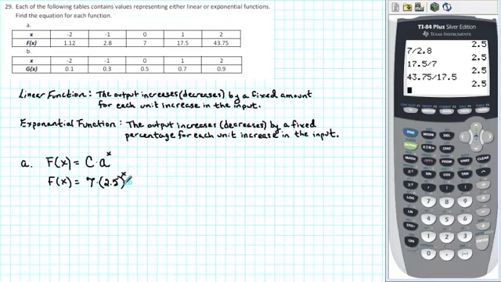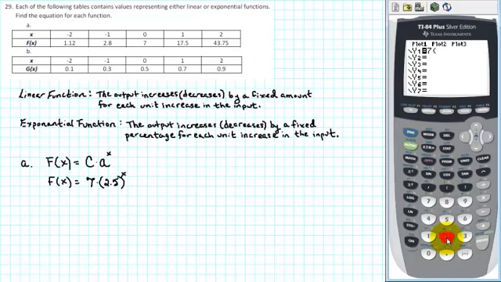raised to the x. Well, let's double check and make sure that it works. Let's go to y equals and enter 7 times 2.5 raised to the x. And then we'll create a table and make sure that the table matches the given one. So go to table set, which is second window.